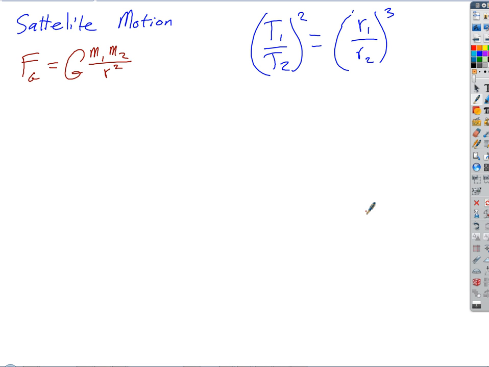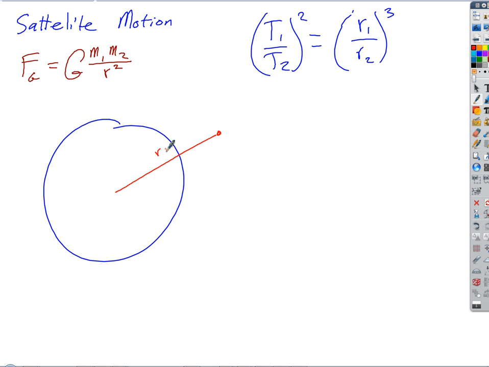If I've got a satellite in orbit around the Earth, so here's the Earth, and here's my satellite, and that distance is R. What can you tell me about that satellite? About the force acting on it?